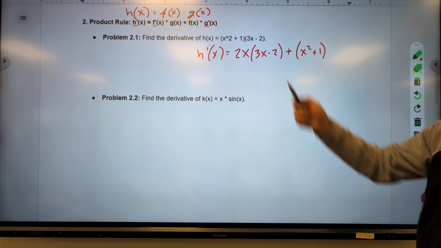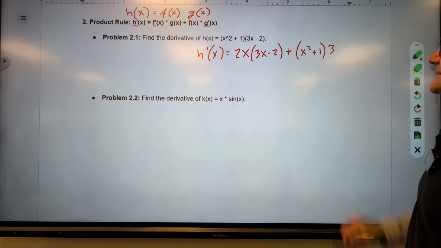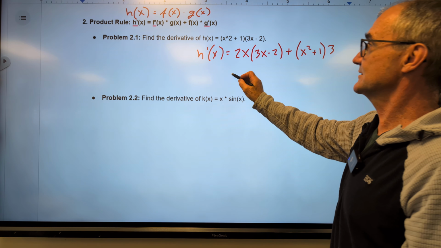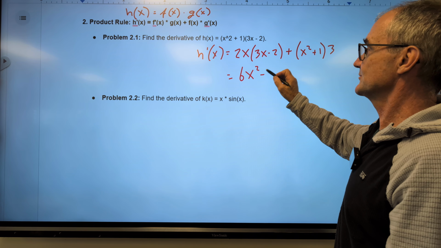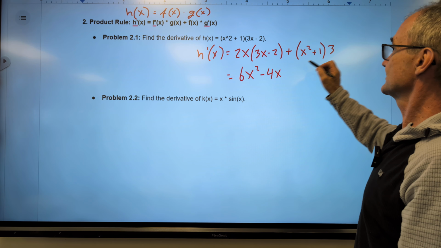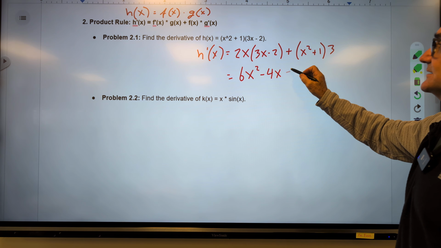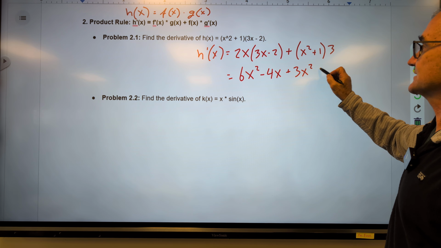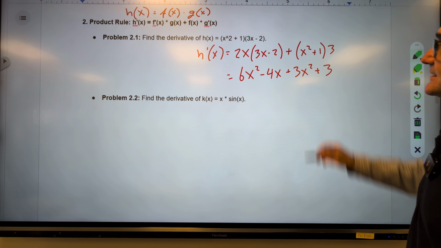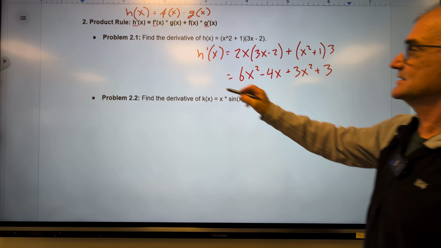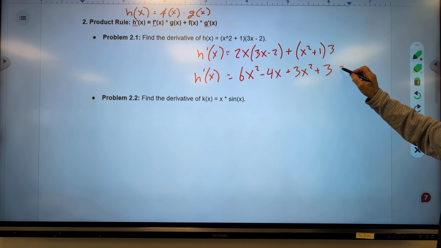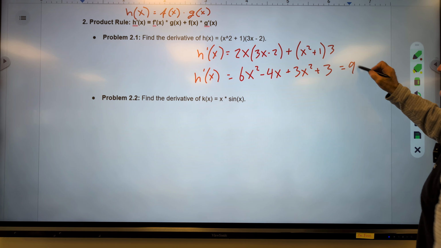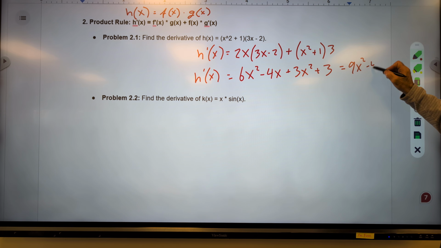Derivative of that right there is just 3. Need to expand that. It's still my derivative. 2x times 3x, 6x squared, minus 4x. Distribute that 3 through the quantity: 3x squared plus 3. Then I have to combine similar terms. So the derivative of h of x is equal to 9x squared minus 4x plus 3.